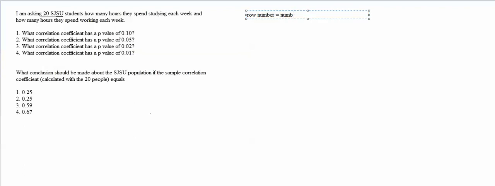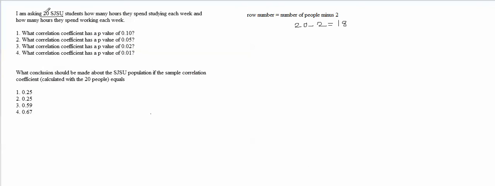It is number of people minus 2, or sample size minus 2. If I tell you that there's 20 people, subtract it by 2, and that's your row number. Our row number comes out to 18. If I gave you 15 right here, you would subtract that by 2, and the row would be 13.